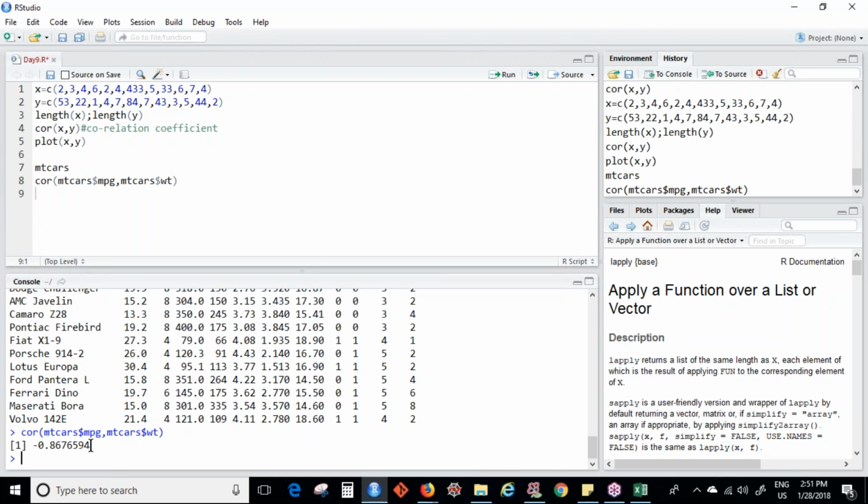So that means you should not use that variable in your linear regression model. It simply means that you should only include those independent variables in your linear regression model which have a high correlation with your dependent variable.